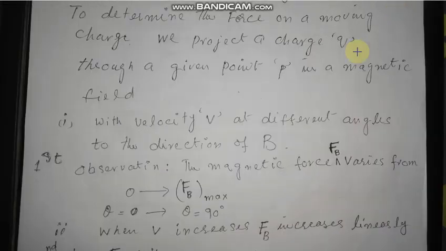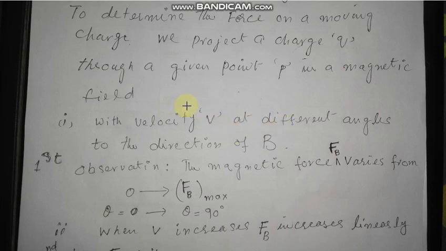So to derive the equation for the force on a charged particle in a magnetic field, let us first do some experiments, and for that purpose we will project q with different situations in a magnetic field.